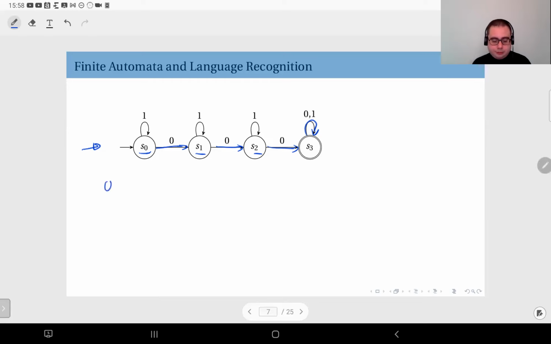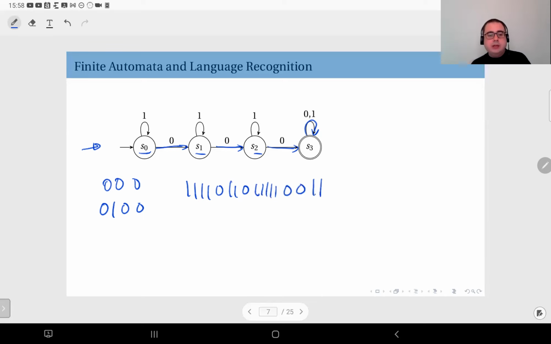So for instance, 000 will be accepted, 0100 will be accepted, 11110110110011 will also be accepted, right? Because you make three transitions from S0 to S1, S1 to S2, S2 to S3 with any three zeros.